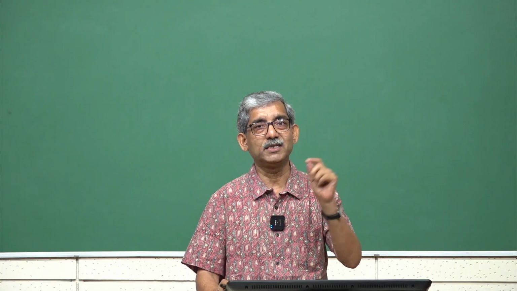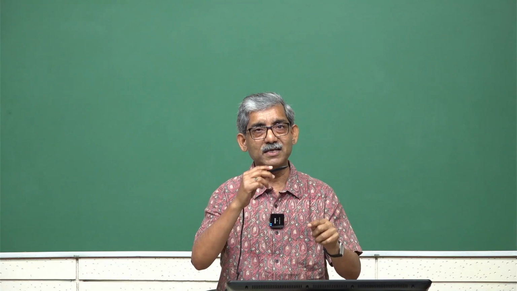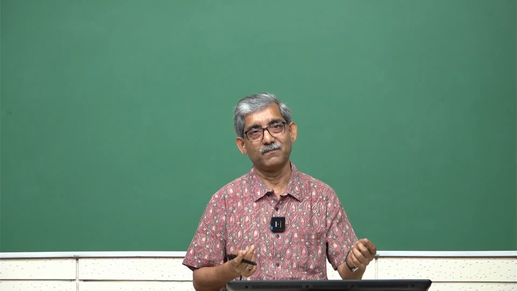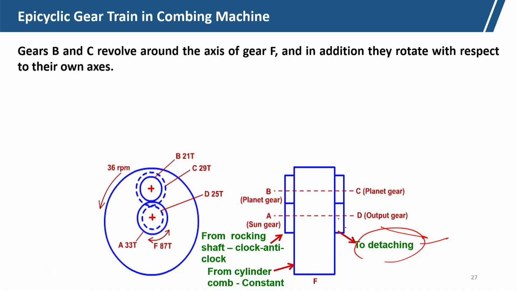B and C will definitely be planets, because their axes move, that is a condition. A is the sun, and gear F is responsible for the revolution of the axis of B or C. That is why F is the arm. Okay. Gear F is the arm here.